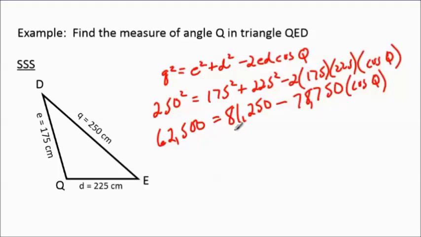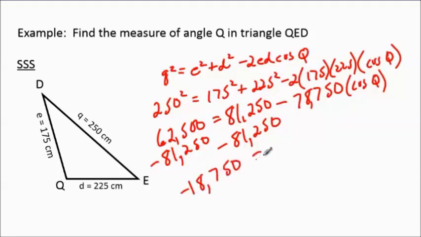Okay, so what I have to do is subtract 81,250 from both sides. So on the left, 62,500 minus 81,250. So I get negative 18,750 equals negative 78,750 times the cosine of Q.